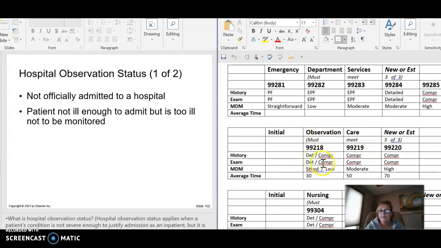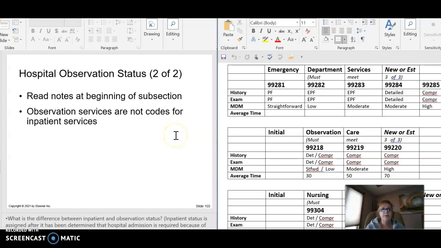The only one that I have here on the sheet is initial observation care. They're not officially admitted to the hospital, so that makes them outpatient. They're not ill enough to be admitted, but they're too ill not to be monitored. A good example would be somebody coming in for chest pain. They want to monitor them to make sure it's not a myocardial infarction.